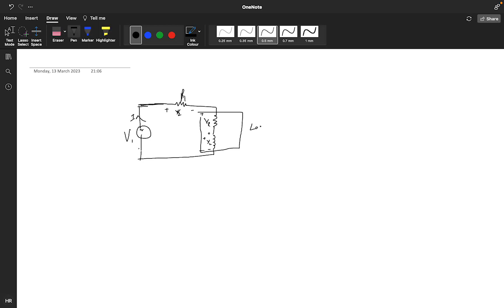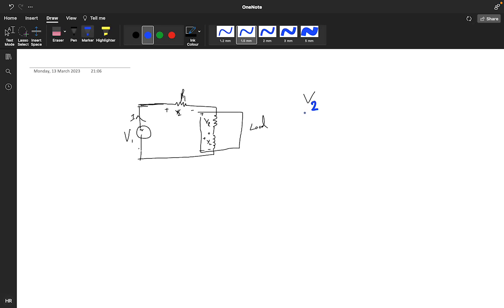So this is your load. How can we represent these equations? If you want to write this equation, V1 is given.